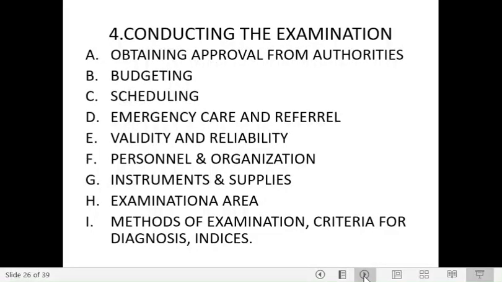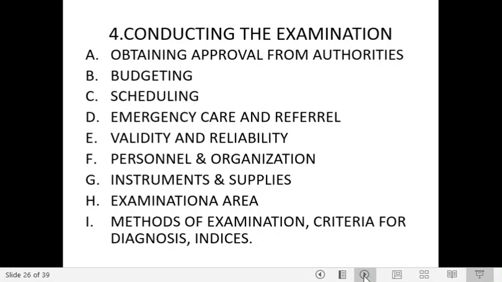Then, how will you choose the examination area? What are the things you will require in the examination area? It can be simple illumination, it can be the presence of an X-ray machine, depending upon your survey. Then the methods of examination, which we'll discuss later, that is the Dunning's classification.